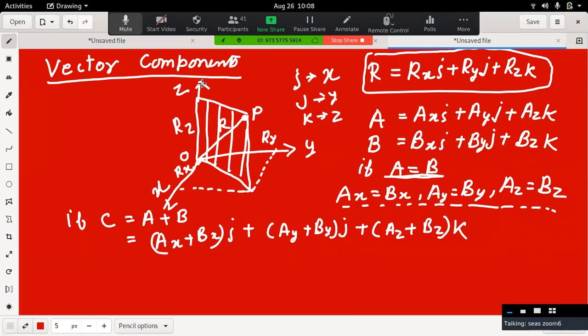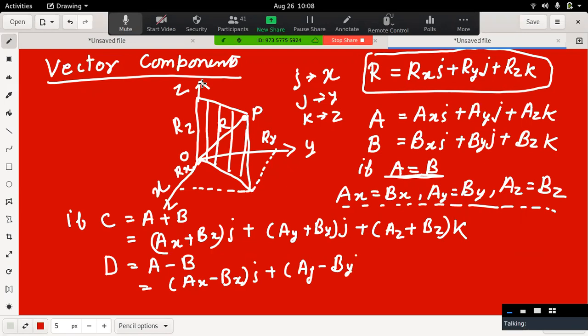Similarly, you can also write an expression for the difference A minus B on the same line: (ax minus bx) i plus (ay minus by) j plus (az minus bz) k.